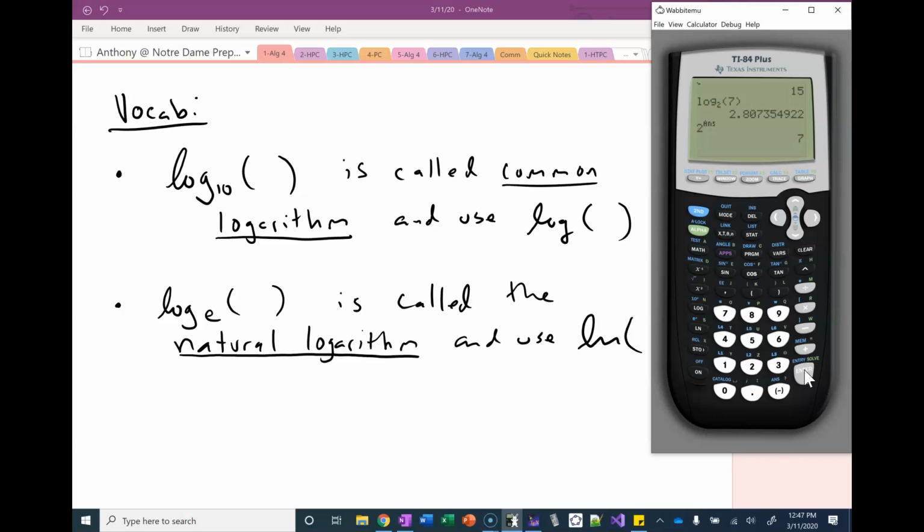Everybody okay with this idea on how we're using our calculator to get values? Andrew? Should be under the math menu, near the bottom. Not everyone's calculator has that option, though. If you have an older calculator, you might not have that command. You do.